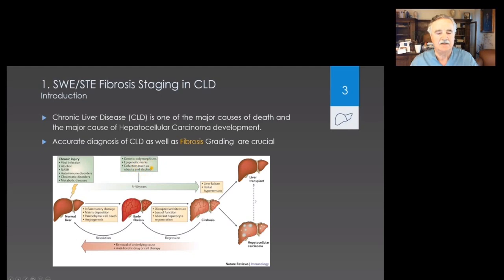The main of them is obesity and alcohol. And through all those years, from the normal liver, because there is an inflammatory damage, we arrive to interrupted architecture and finally to cirrhosis, meaning liver failure and portal hypertension.